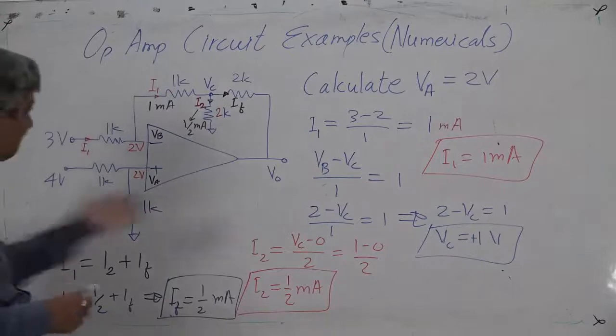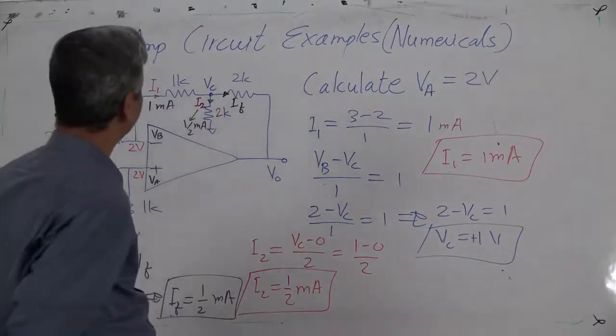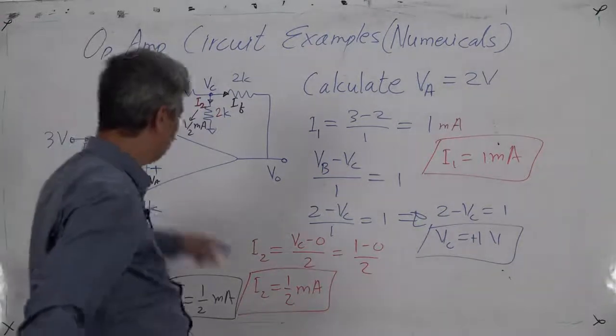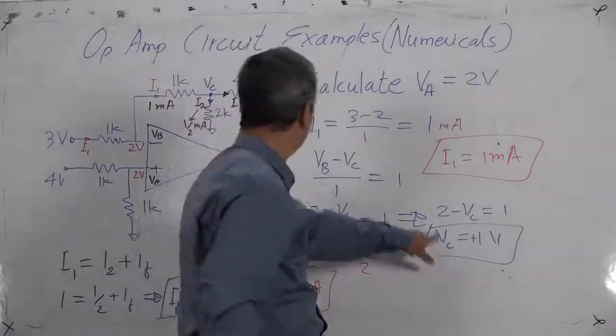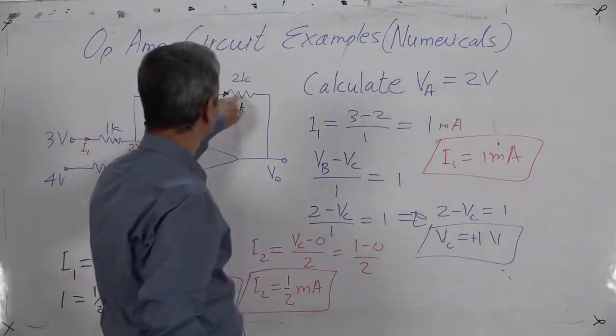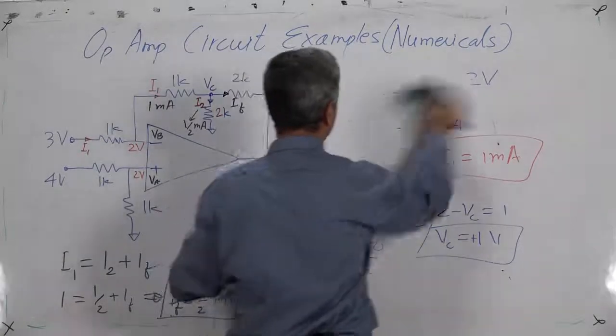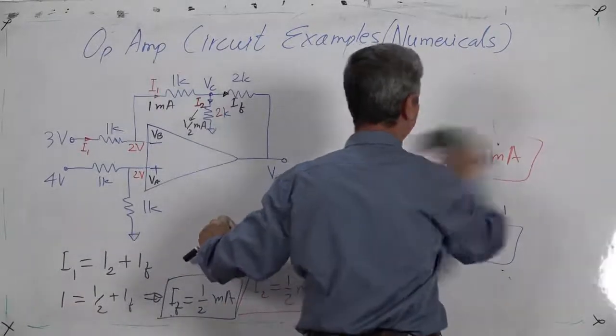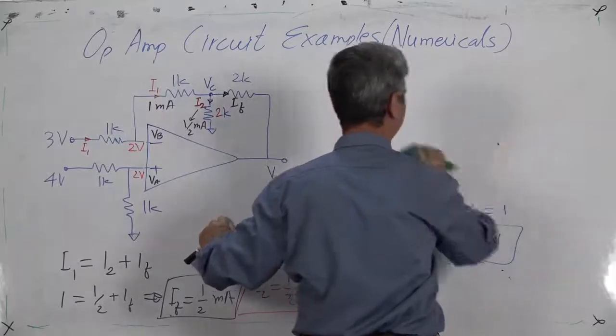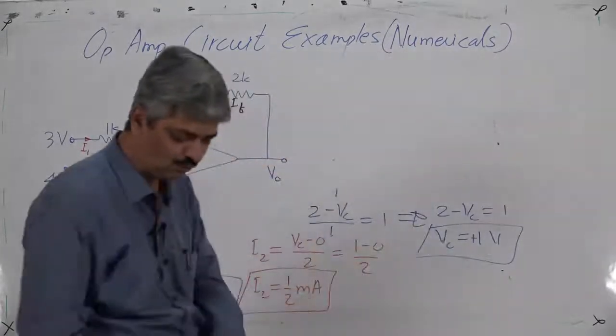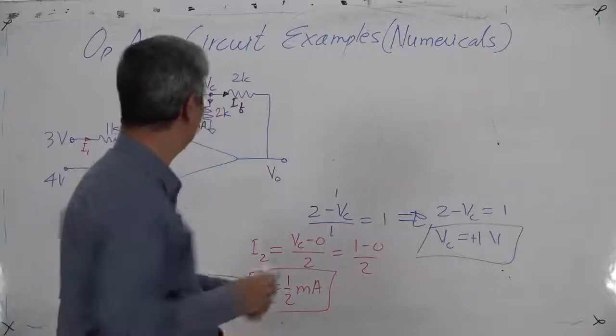If IF is half milliampere, in that case, how will you calculate VO? You know VC, VC is 1 volt. Apply Ohm's law for this resistor. So what is Ohm's law for this resistor?